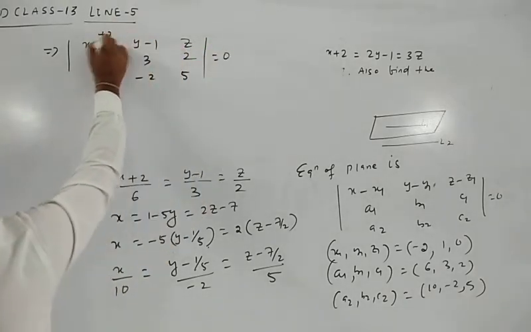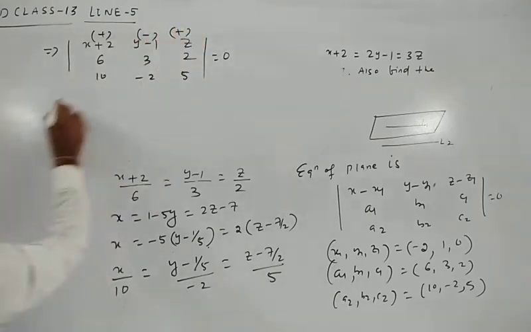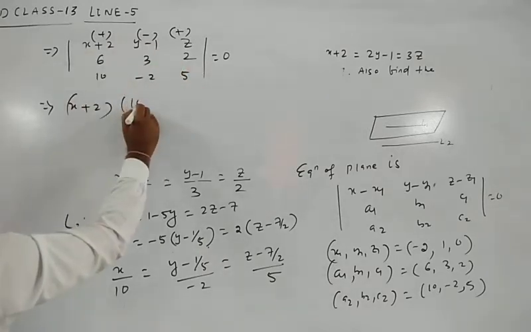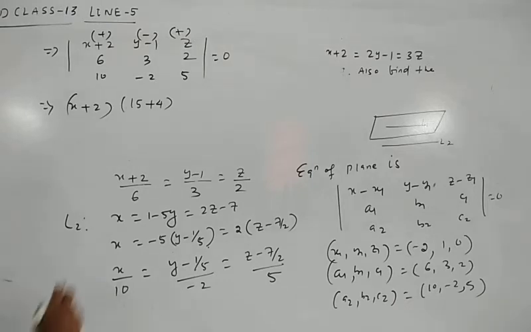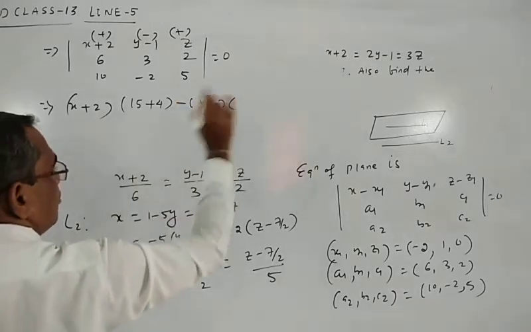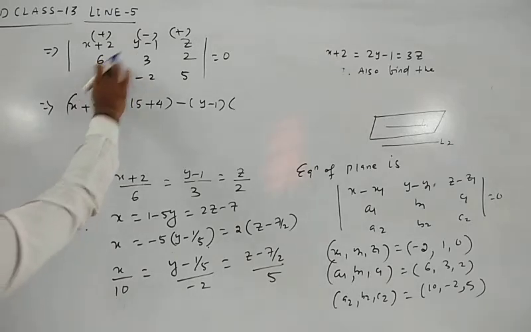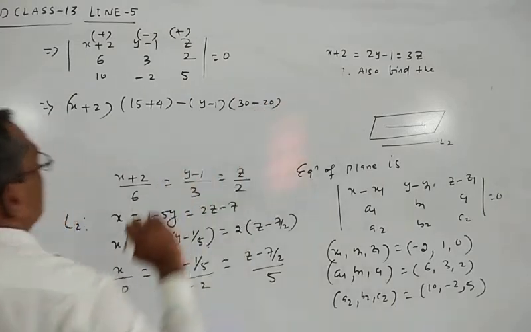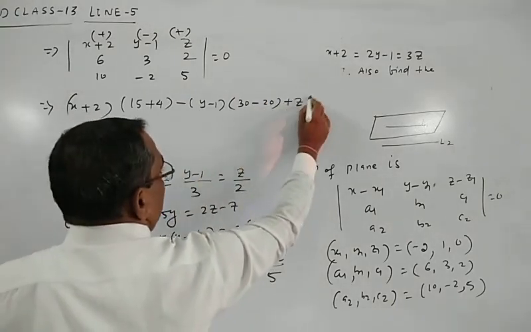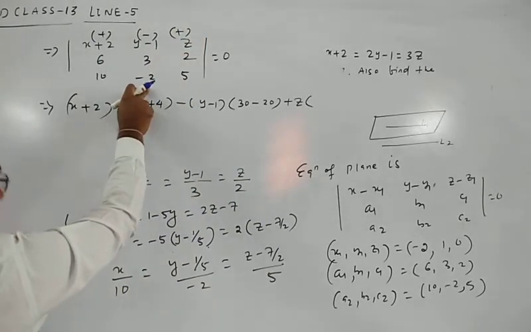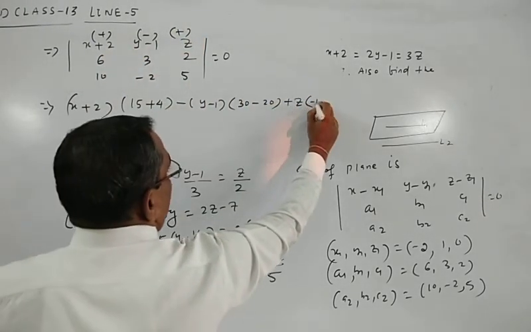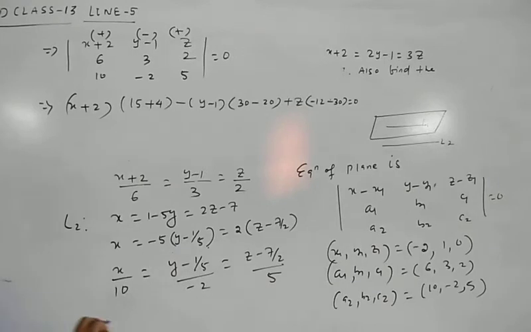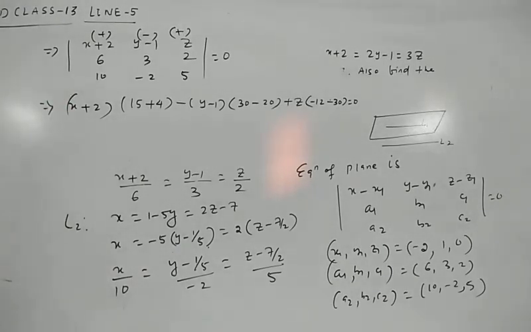Now expand it. x plus 2 into 3 into 5, 15, plus 4, minus (y minus 1) into 6 into 5, 30, minus 20, plus z into 6 into minus 2, minus 12, minus 30, is equal to 0.